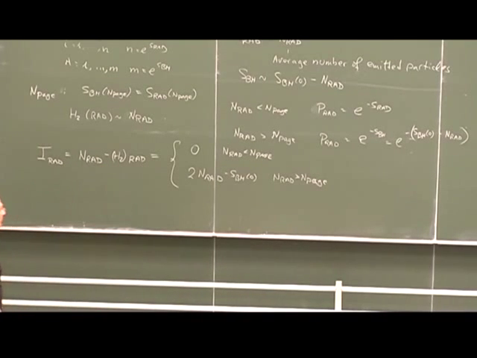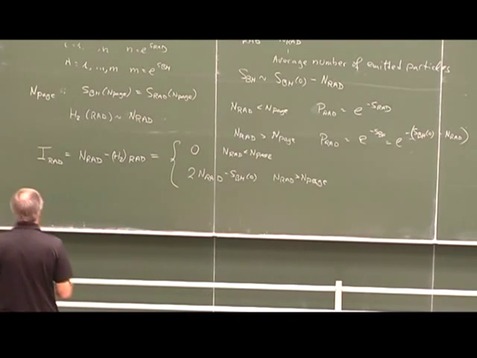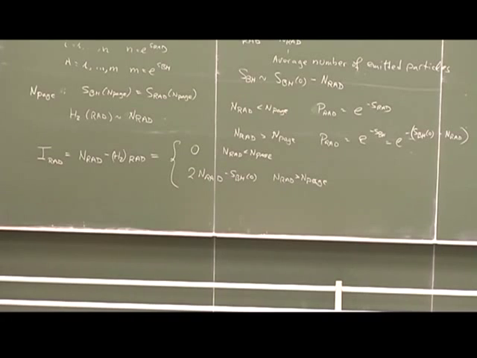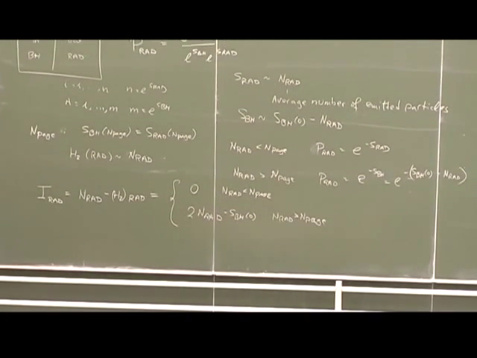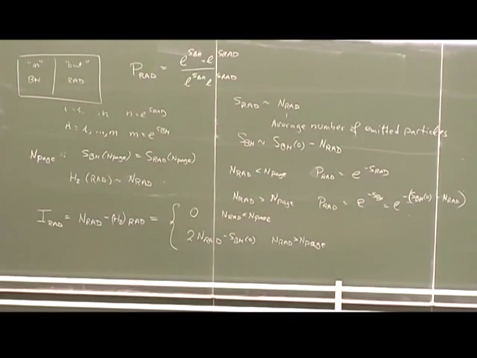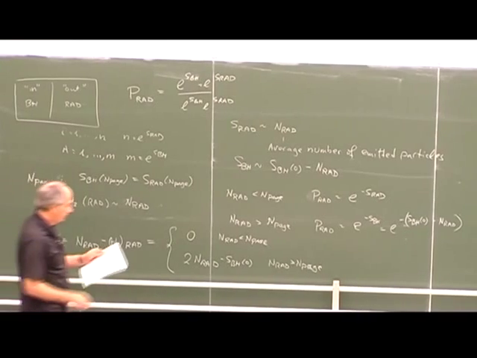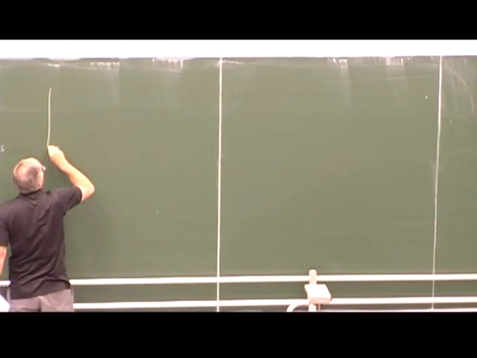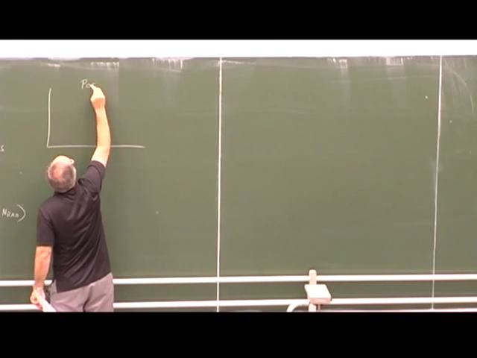Right? Very simple calculation. And now we can draw the graph that we drew the other time. So this is the Page curve.